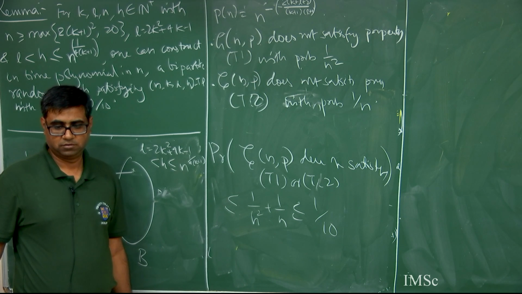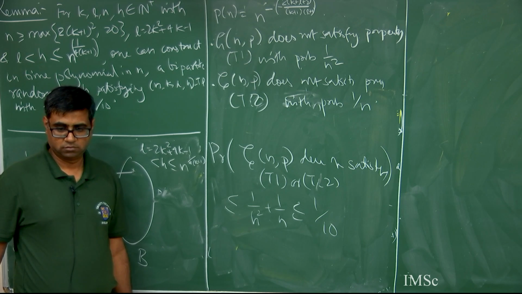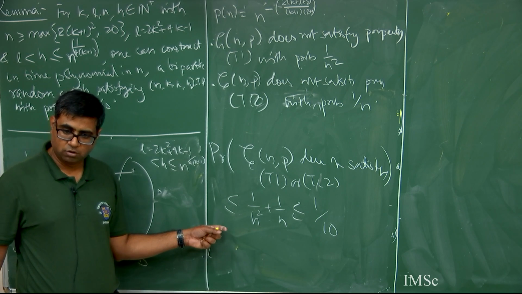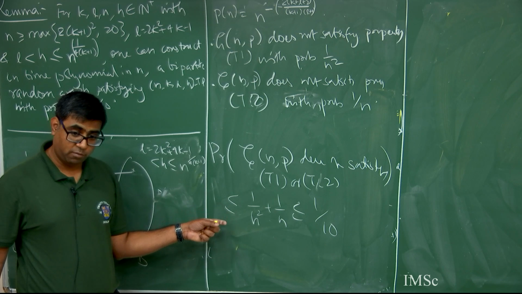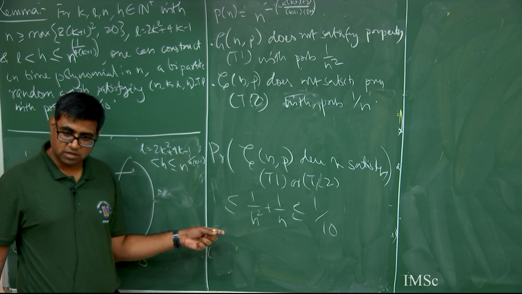So when we're giving randomized algorithms, you want probabilities to be constant. Yes. Here basically the probability is 1 by polynomial in n. This is a failure probability. So success probability is at least 9 over 10.